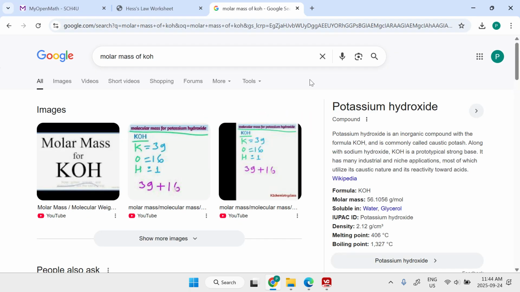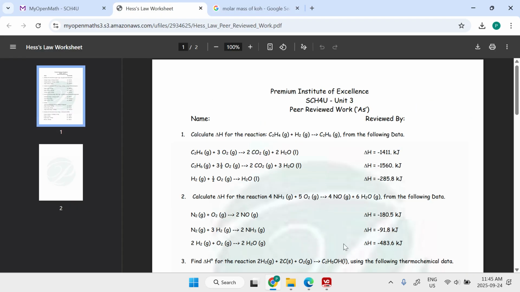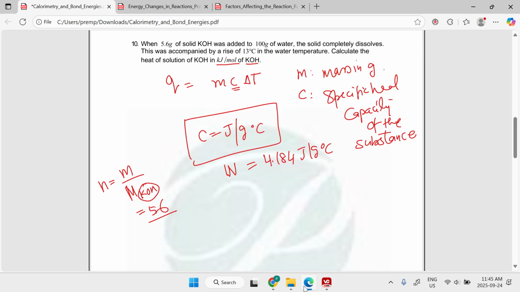It shows me 56.1 on the internet. So write that it is 56.1 and on the top is 5.6. When you do 5.6 divided by 56.1, you get a value of 0.1, so 0.1 moles approximately.